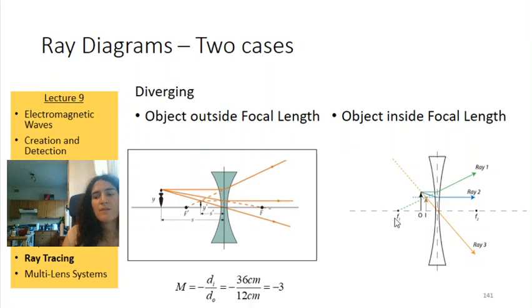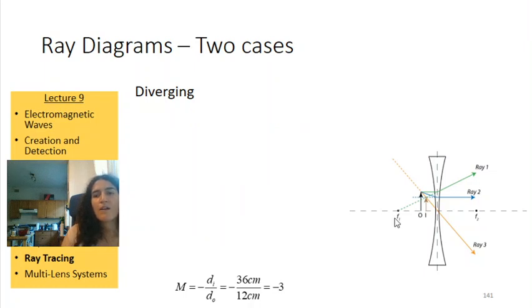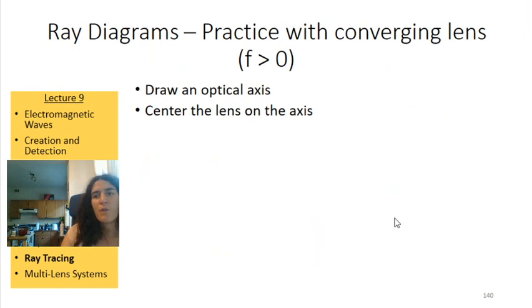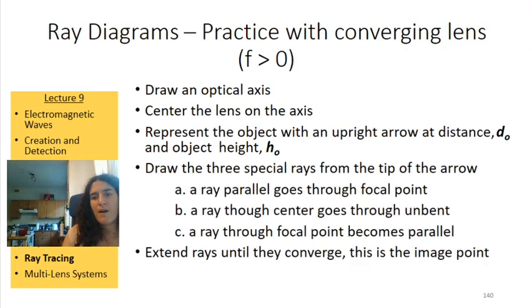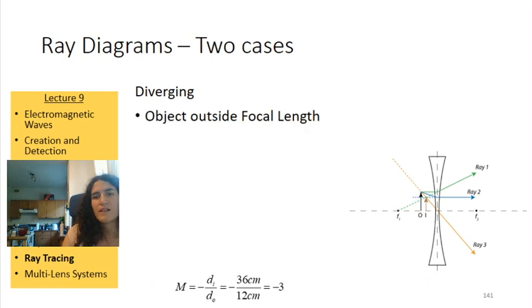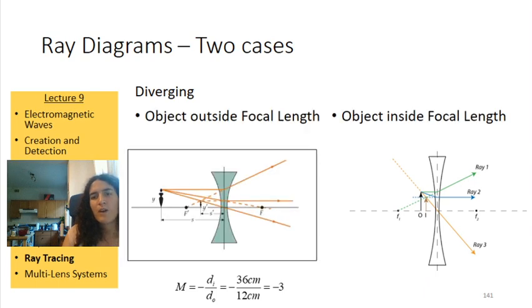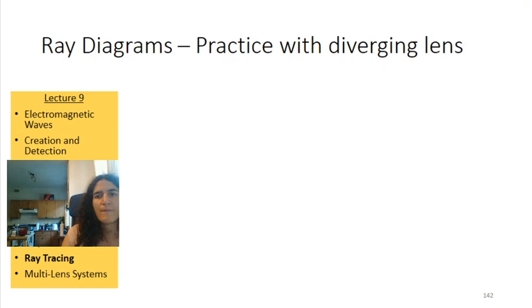So sort of the same thing that happened here for the converging lens, where the object was in front of the focal point. The same thing happens for the diverging lens, regardless of whether the object is in front or in back of the focal point. Okay.